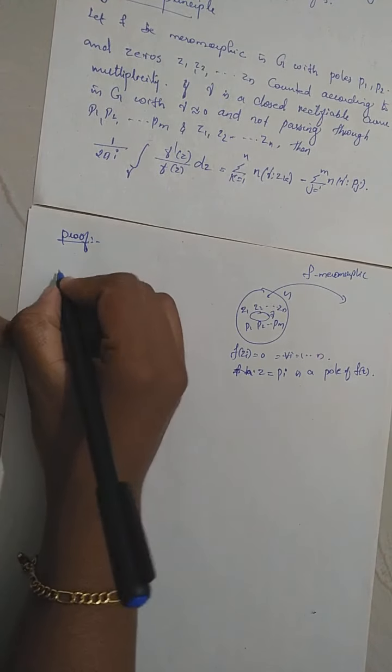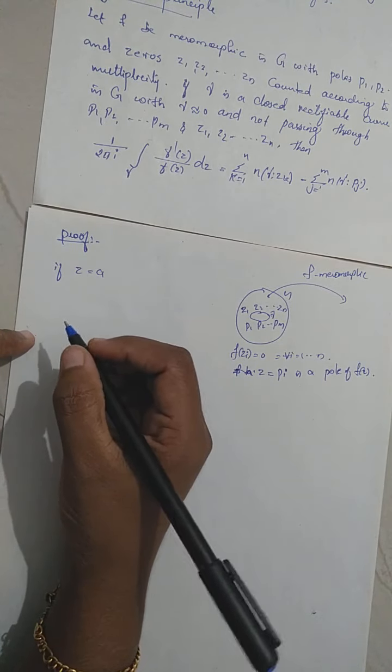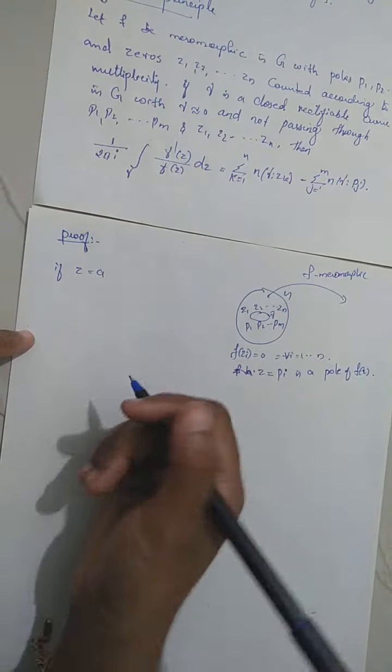Now if z equal to a is a zero of f z, then what can we say about f dash z by f z?